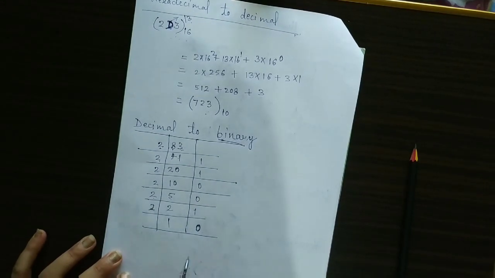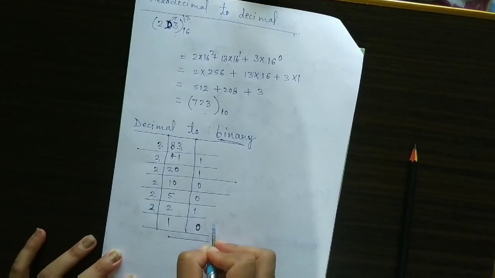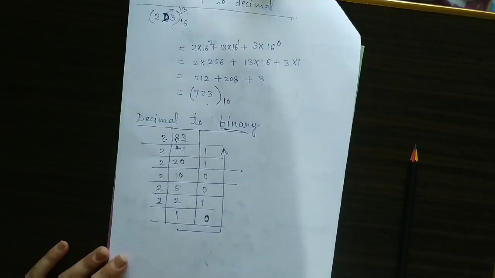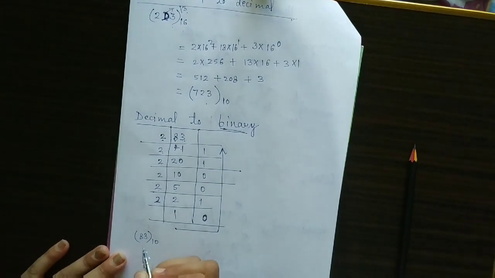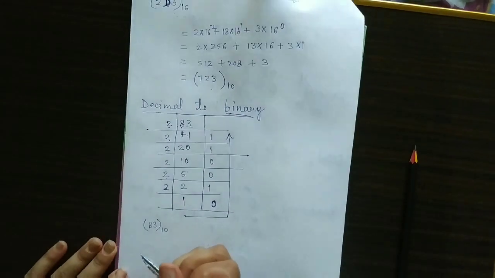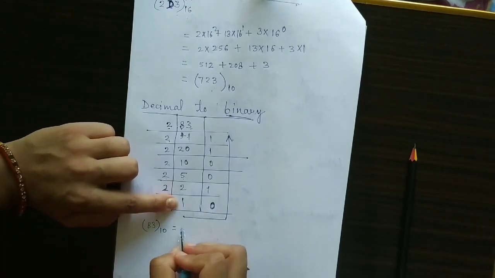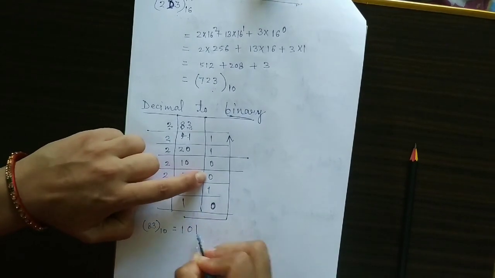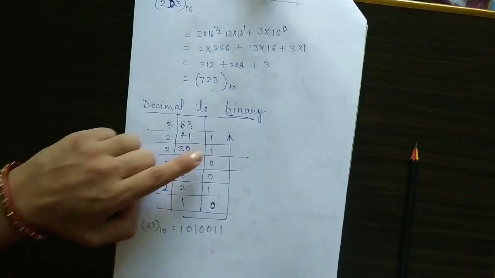Now, to write the binary of this number, you will write the digits from here to here. Means binary of 83 will be 1 0 1 0 0 1 1.